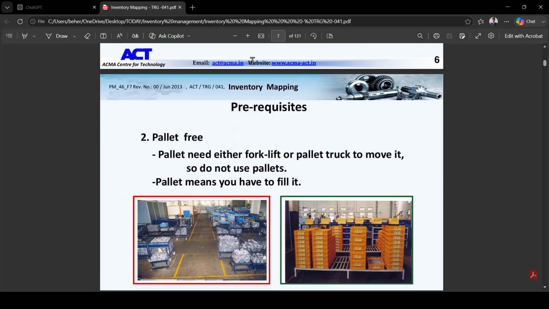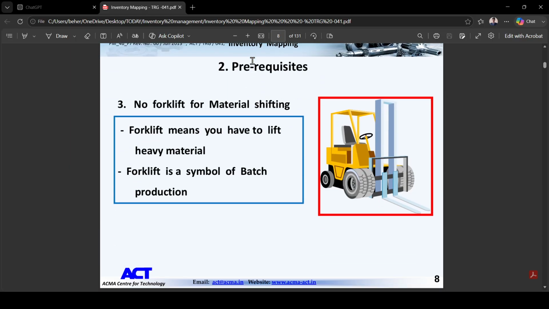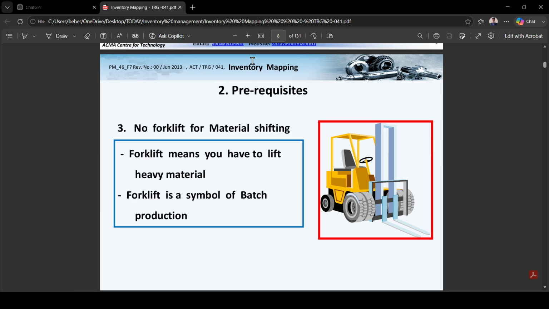For the pallet prerequisite, a pallet needs either a forklift or a pallet truck to move it, so we do not use pallets. Pull means you have to fill it. We say no forklift or material shifting. Forklift means you have to lift heavy material. Forklift is a symbol of batch production.